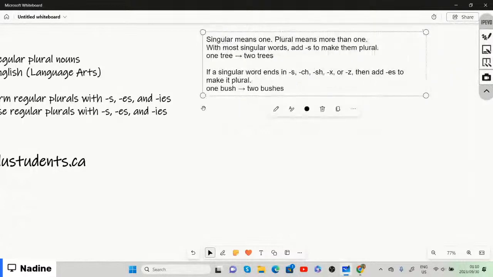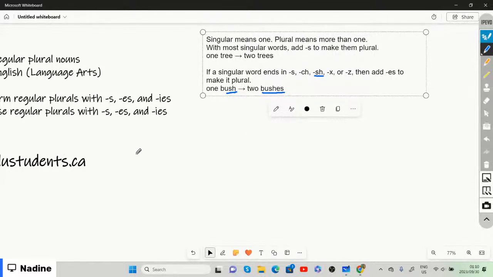For example, one bush. As we can see, bush ends in SH. So one bush, but two or more bushes. There we added the ES to that word, so now it is plural, bushes.